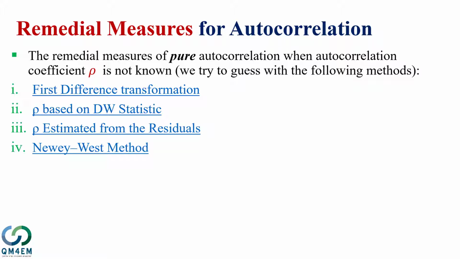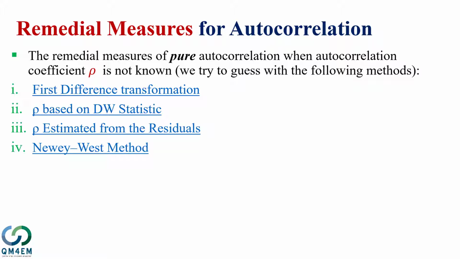This transformation is called the first difference transformation, and the OLS is called the generalized least squares method. This method ensures the autocorrelation problem is solved. The second and third are approximations of the rho value from the Durbin-Watson d statistic, or from regressing the residual on its lag value.